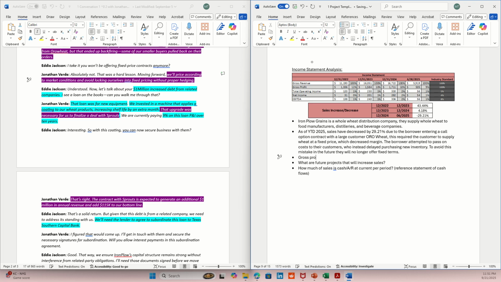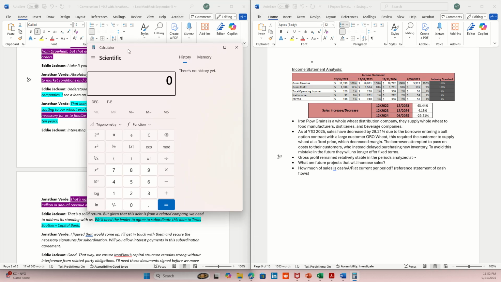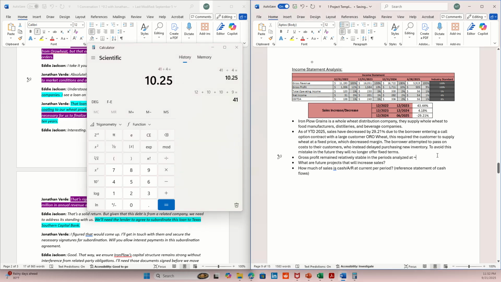So gross profit remained relatively stable in the periods analyzed at around, 12 plus 10 plus 10 plus 9 divided by 4, around 10%.